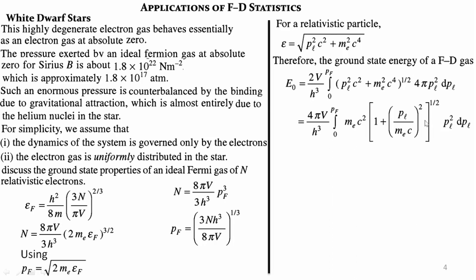This is the same. I'm still confused why they have missed this factor of 2 here. Let me check quickly. No, I couldn't find it. So sorry, try to find out why they have missed it.